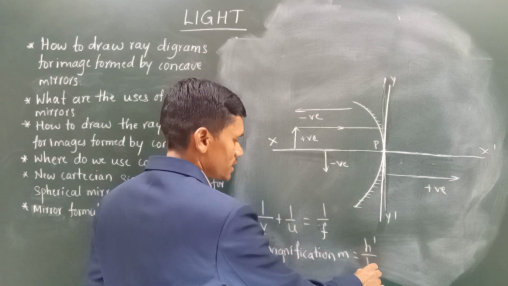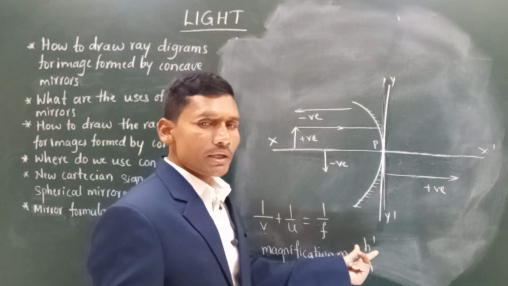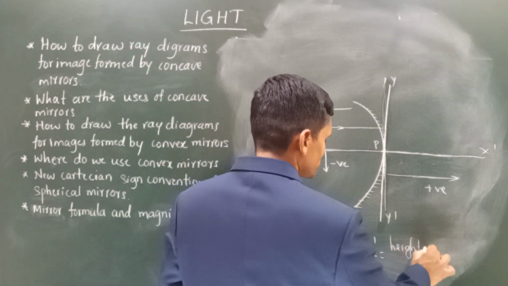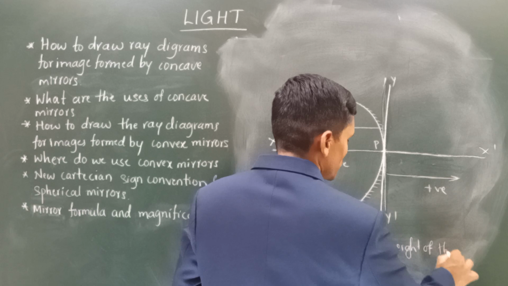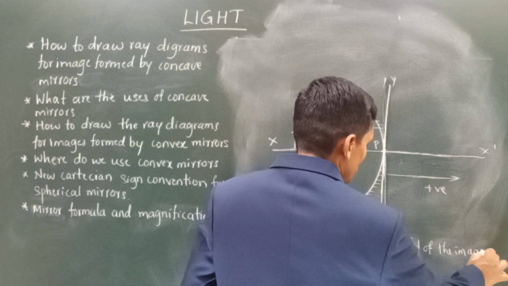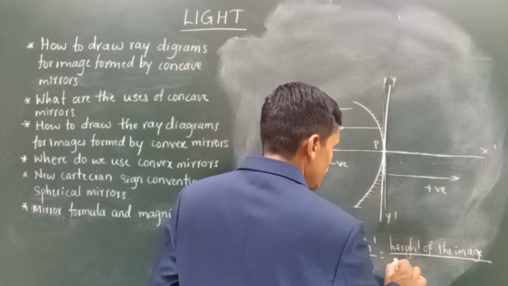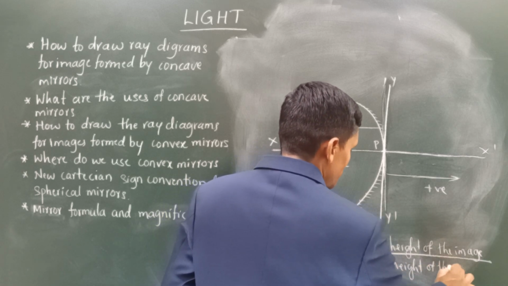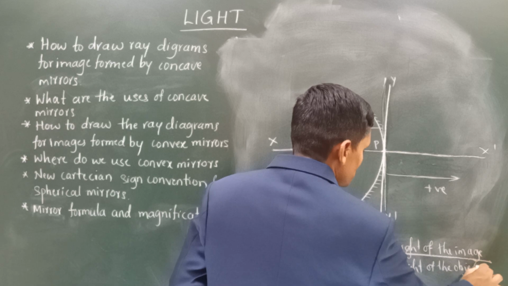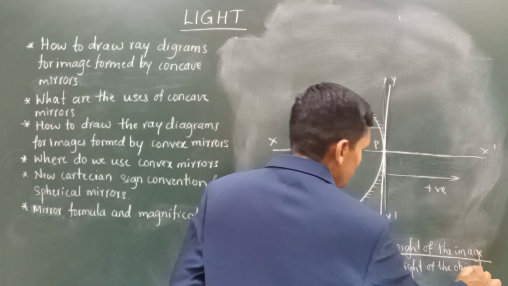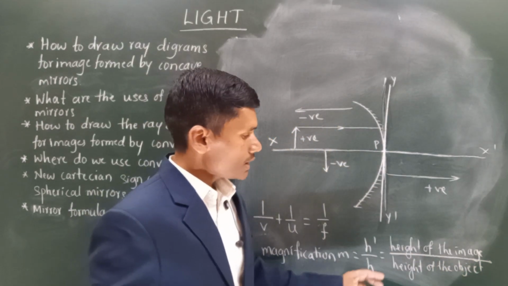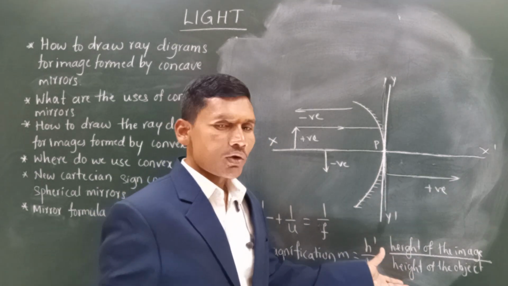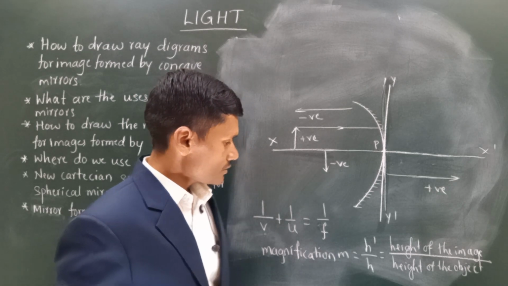What does this mean, h dash by h? h dash is the height of the image, and h is the height of the object. Magnification is nothing but the relative height of the image with respect to the object. That is what we call magnification, right?